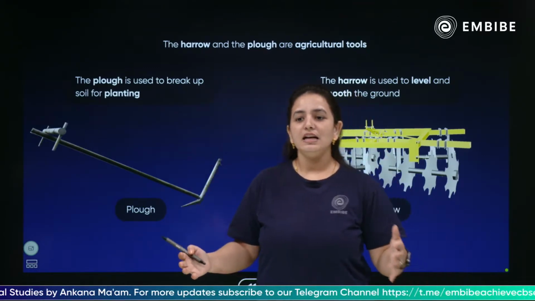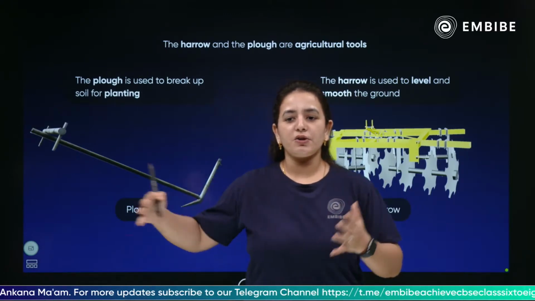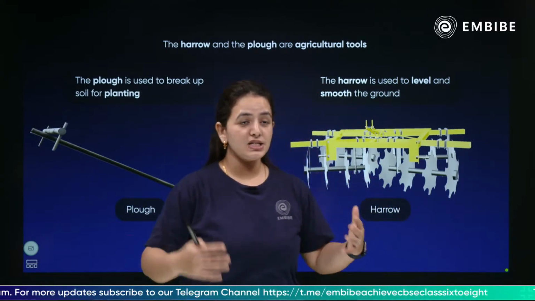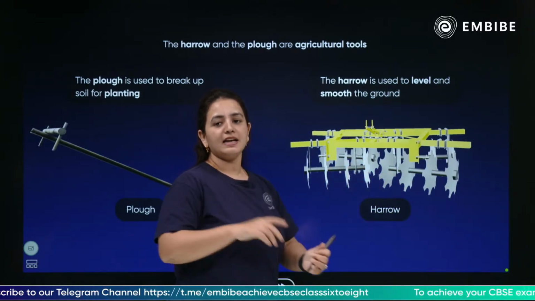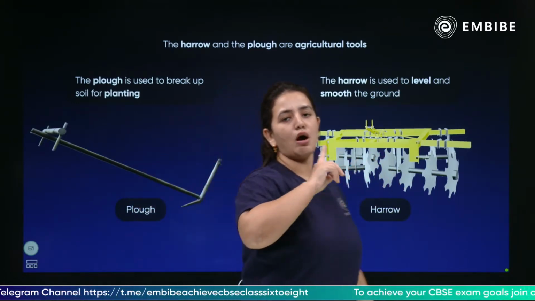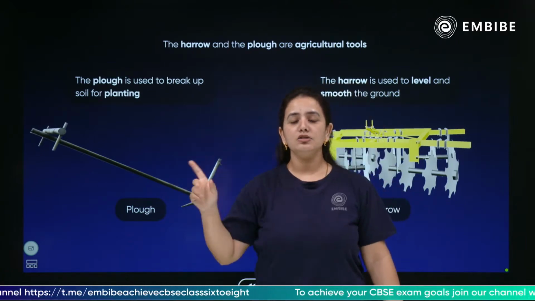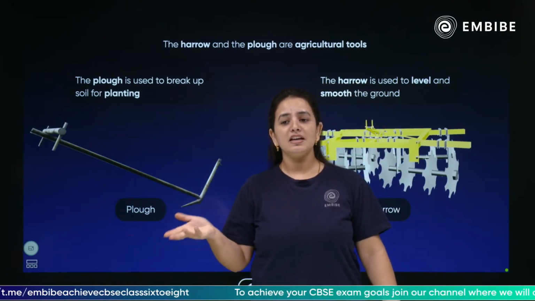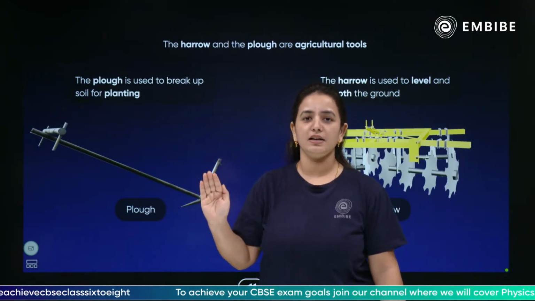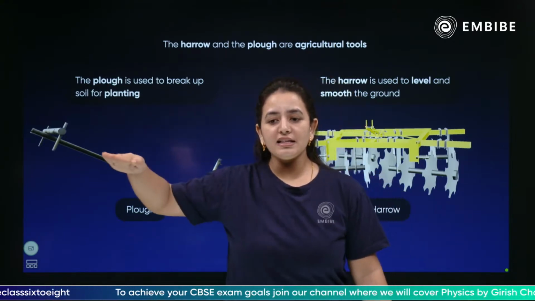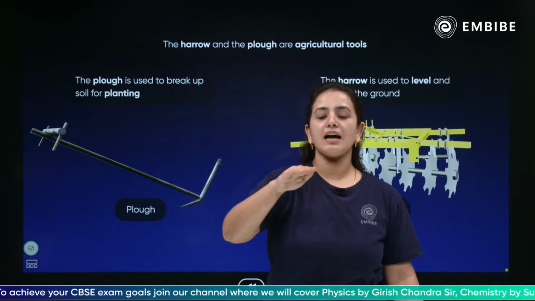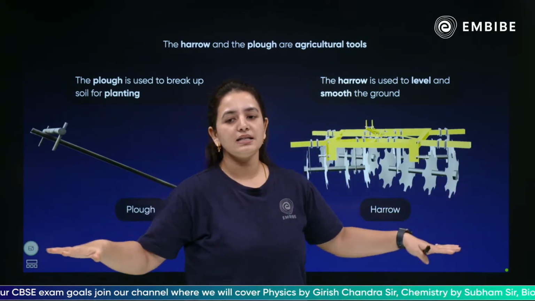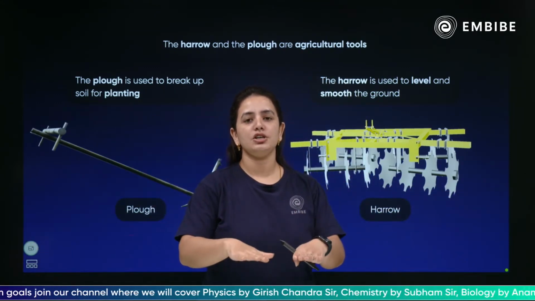Have you seen there is some person who has this tractor, and behind this tractor there is this harrow attached, and he is running the tractor all throughout the land. So what is that tractor doing? He is not just riding the tractor, he is actually leveling the whole land, so that the whole land is evened out.